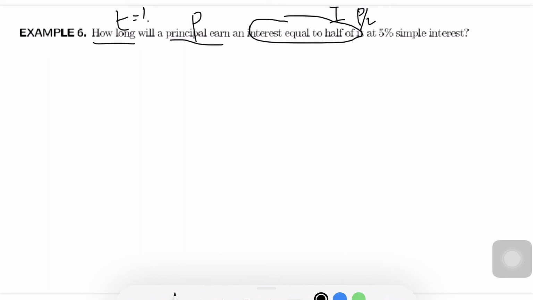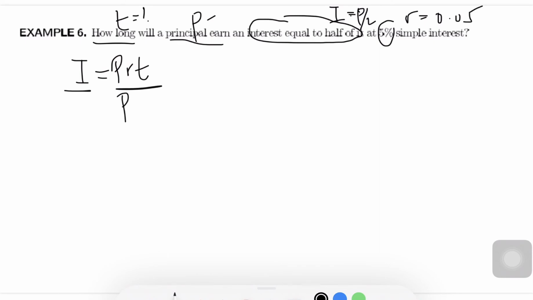The rate is 5%, which is 0.05. Using I equals PRT, we're asked to find time, so divide by PR.